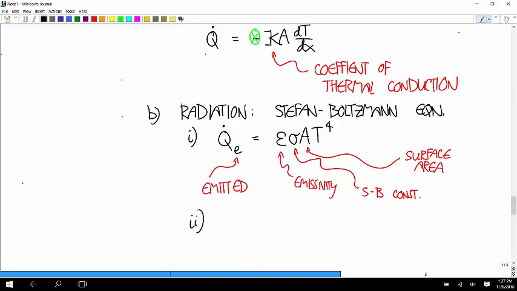is the one that we can only use in some cases, and that's that Q dot that's emitted is equal to the emissivity times sigma times A times the quantity temperature of the body to the fourth minus the temperature of the surroundings to the fourth.